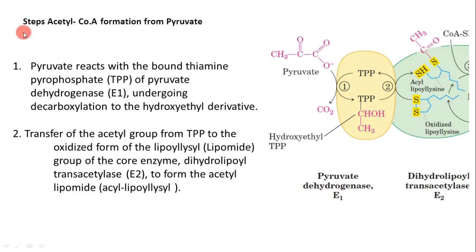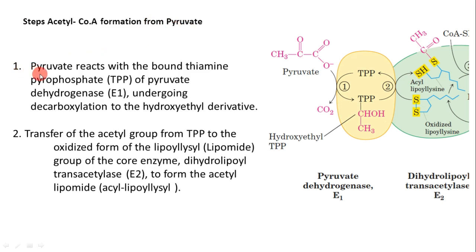So let us examine the steps of acetyl coenzyme A formation from pyruvate. Through 5 steps, acetyl coenzyme A is formed from pyruvic acid.